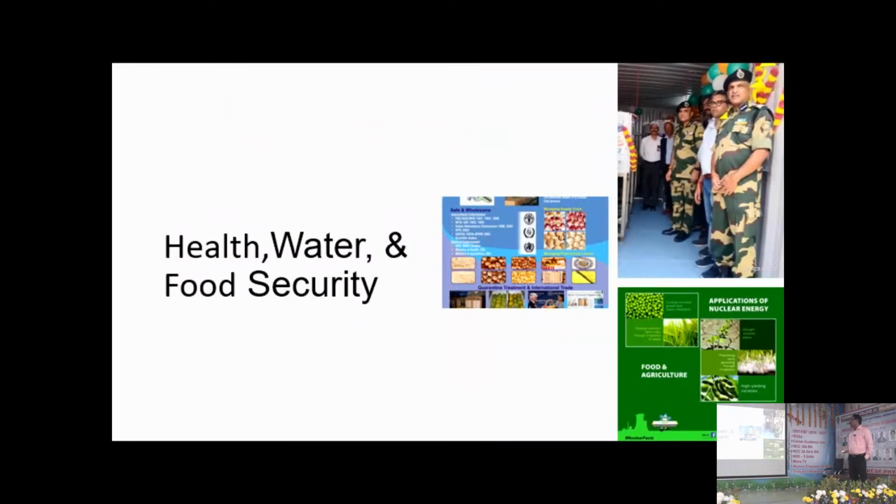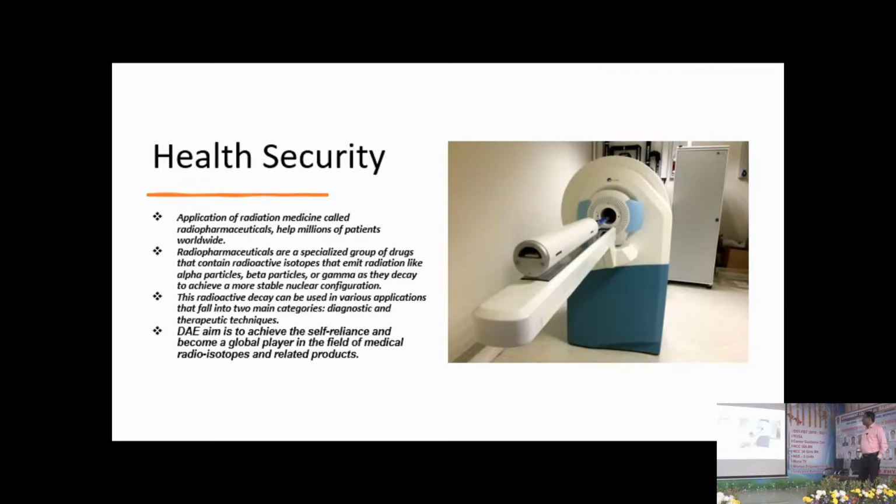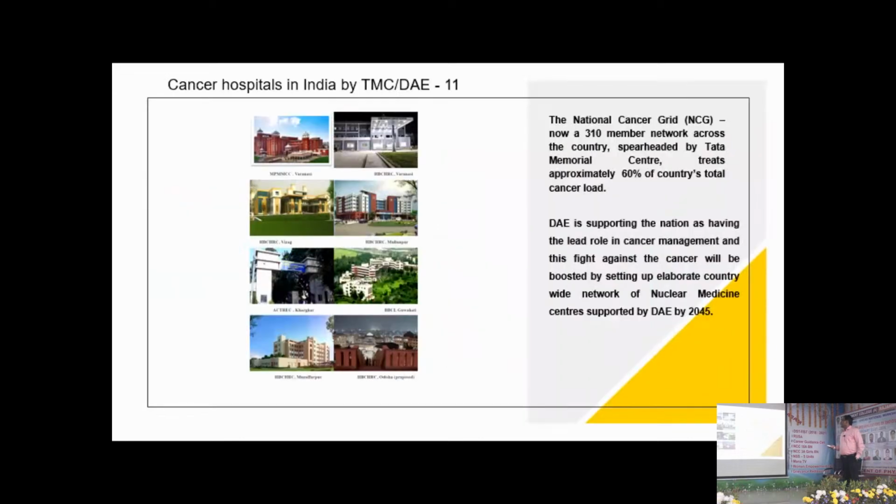So as I told, health, water and food security we are taking care of. Health security: all the radioisotopes that are not imported, which are actually 5 to 6 times costly, are produced in this country. And we have a facility where from BARC this goes to BRIT. BRIT encapsulates it and packages it for hospitals, and within 36 hours it reaches all the cancer hospitals in the whole country, and 60% of the cancer treatment is by DAE.